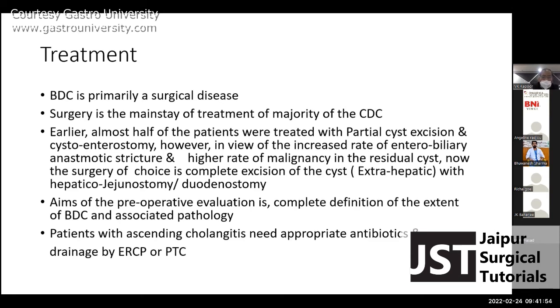Aims of preoperative evaluation are complete definition of the biliary duct cyst and the associated pathology. Patients with ascending cholangitis need appropriate antibiotics and drainage by ERCP or PTC.